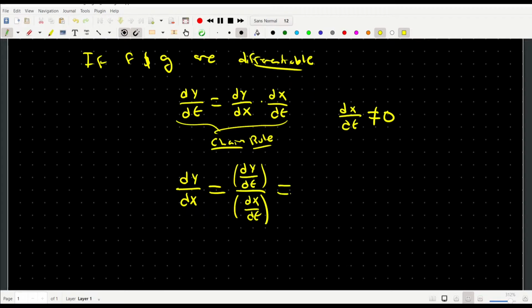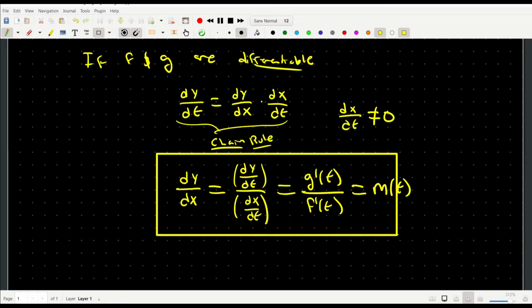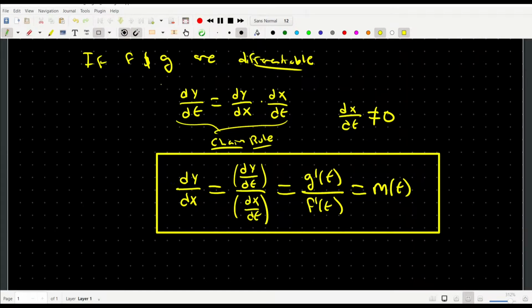Or to put it more exact, in terms of the parameterization, dy/dt is going to be g prime of t over dx/dt, which is going to be f prime of t. And you can shorten this to m of t if that helps you think of this, because we know that in the x-y plane, dy/dx, the derivative of y with respect to x, is going to be the same thing as the slope of a tangent line to the curve.